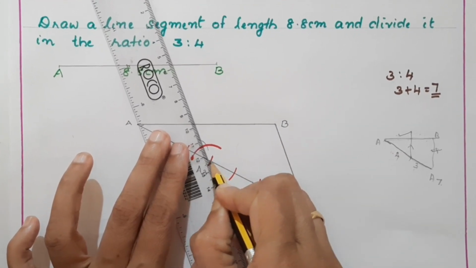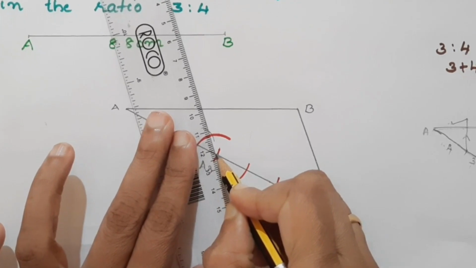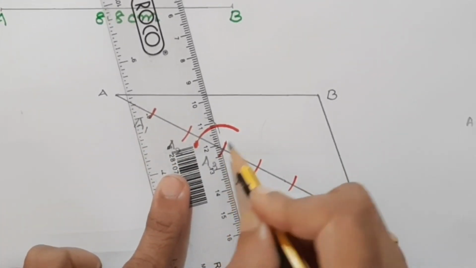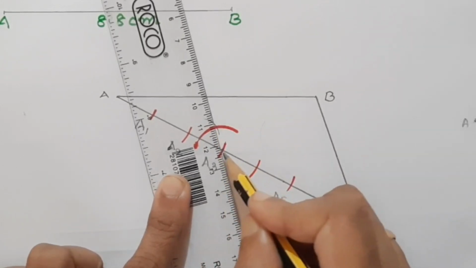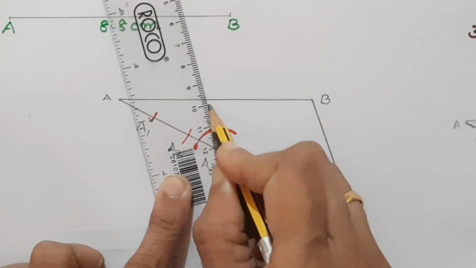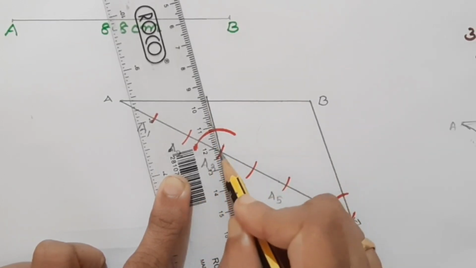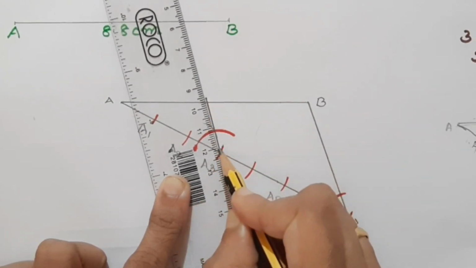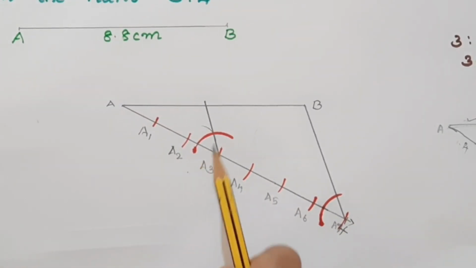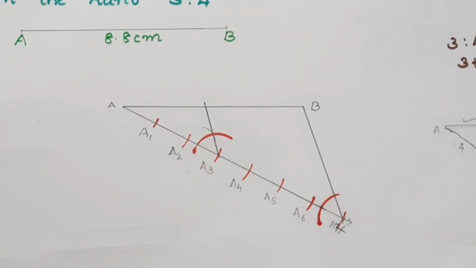So fix the scale here, adjust the scale. Then draw the line like this. Okay. So these 2 lines will be parallel now.